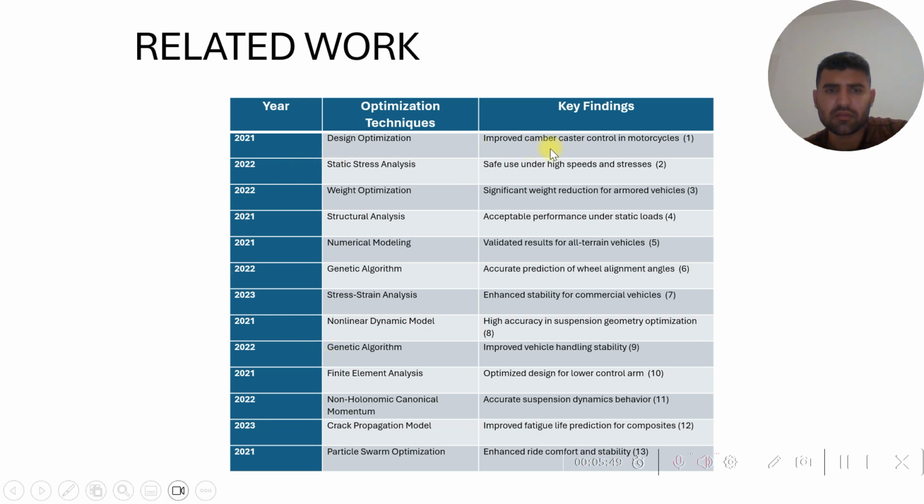Let's do a quick overview: design optimization improved camber and caster control in motorcycles; static stress analysis was used for safety under high speed and stress; weight optimization achieved significant weight reduction for armored vehicles; genetic algorithms were used for accurate prediction of wheel alignment; and nonlinear dynamic finite element analysis and particle swarm optimization were also applied.